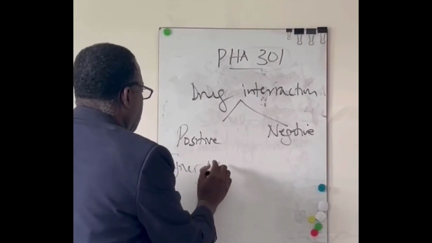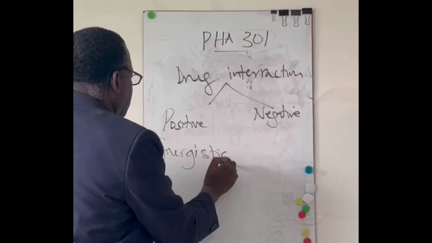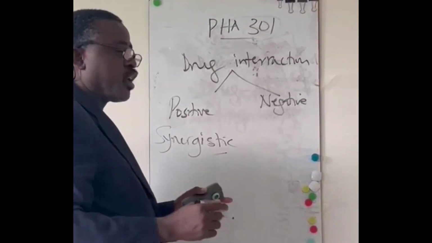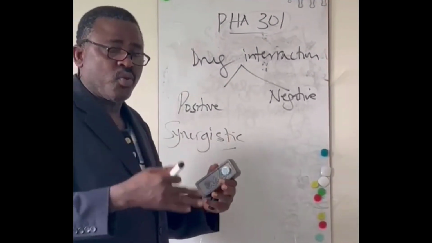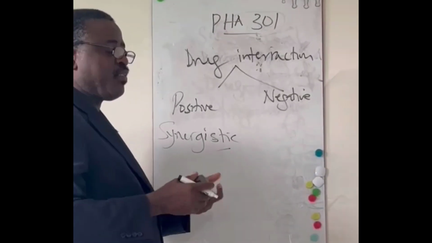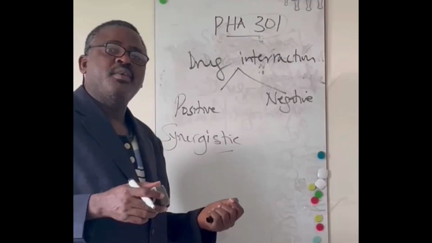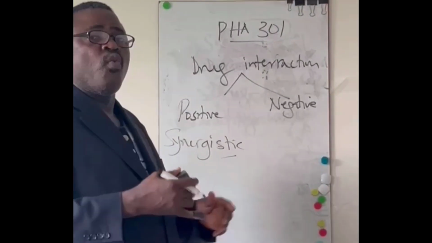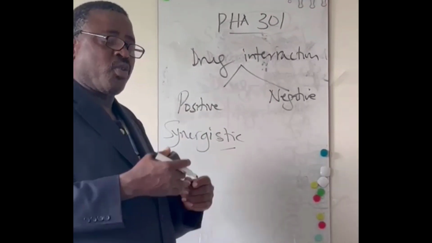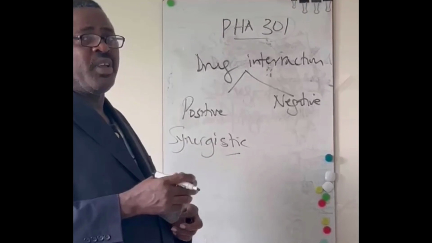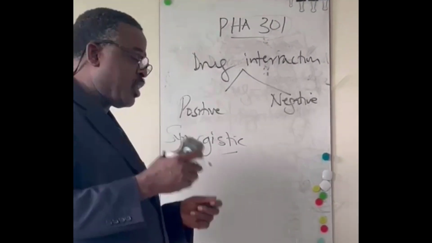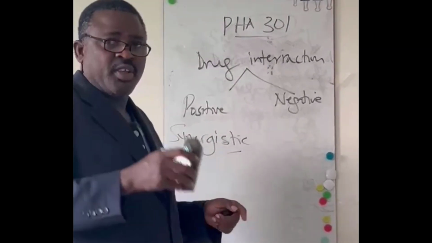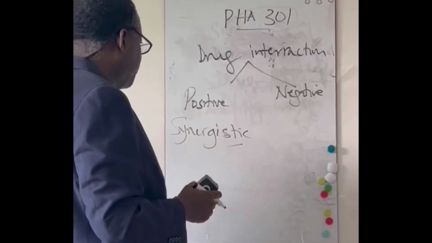Synergistic means they work together. So if the interaction between drugs is positive, the two drugs that we take together will work together to produce the maximum effect that your body needs. That is what we call synergistic reaction.